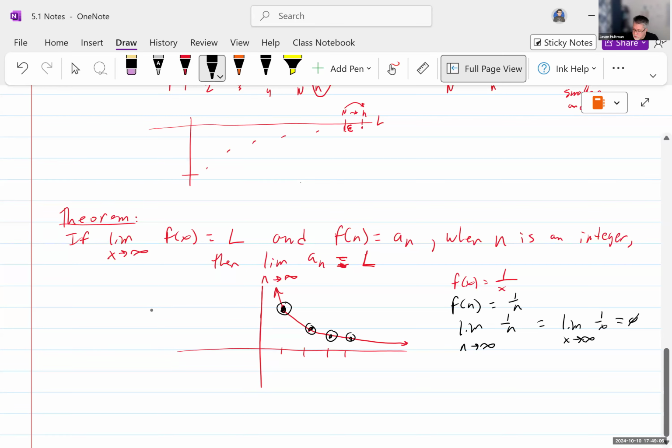So the limits are the same because these points derived from integer values are going to follow the same path. There are just going to be fewer points than the entire function. We don't need the entire function, but the entire function will go to the same limit, the same L.